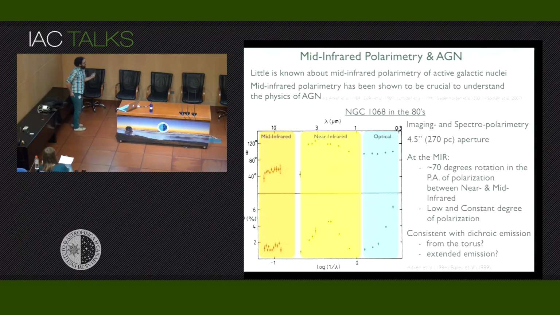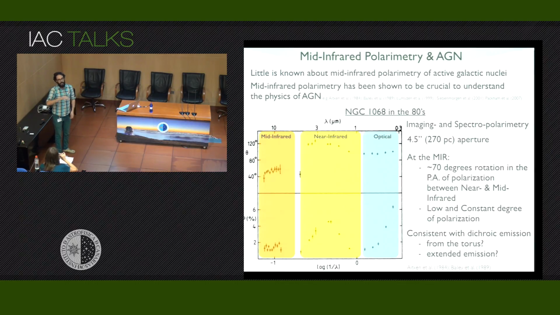So the most important finding here was this shift of almost 70 degrees between the near infrared and the mid infrared. This is thought to be produced by dichroic absorption and emission. If we have light going through aligned grains, the long axis of the dust grains is aligned perpendicular to the direction of the magnetic field.